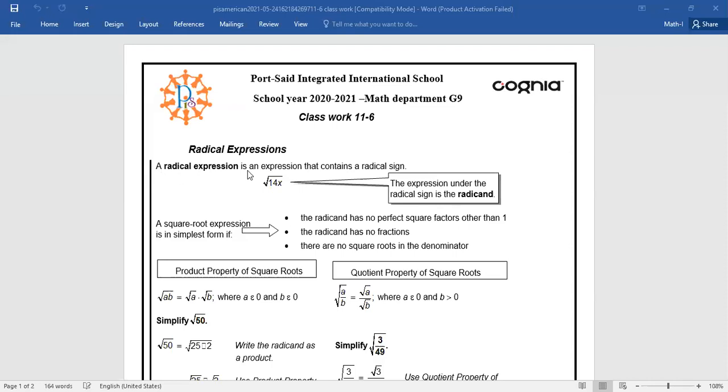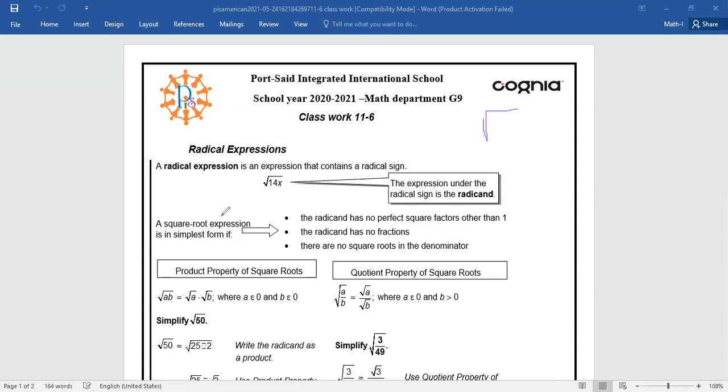A radical expression is an expression that contains a radical sign. What is the radical sign? This is called a radical sign. Any expression including this sign, we can call a radical expression. The square root expression is in simplest form.